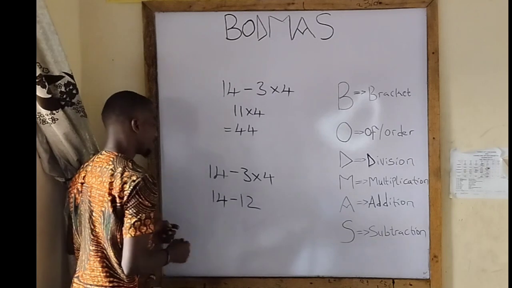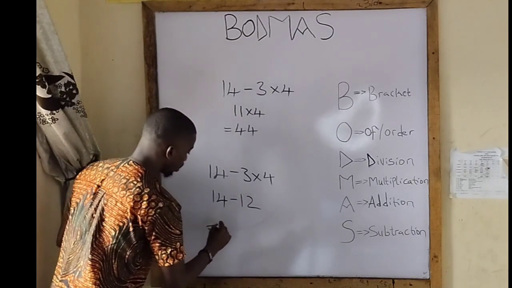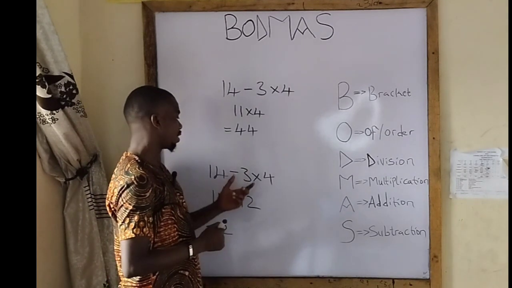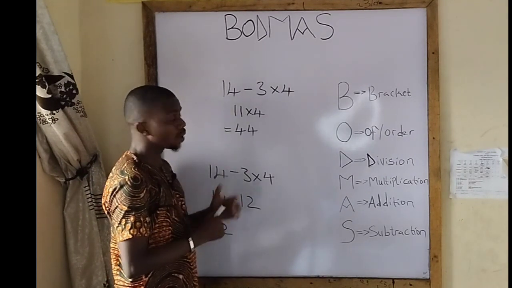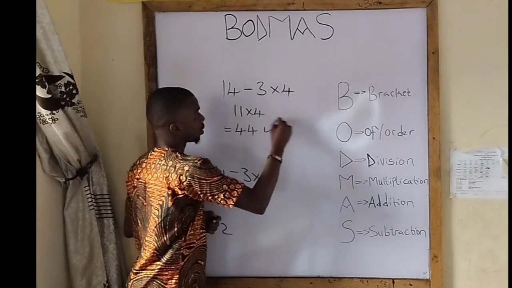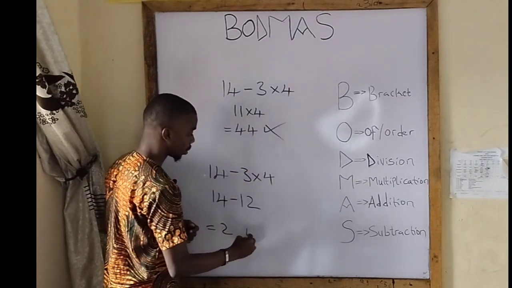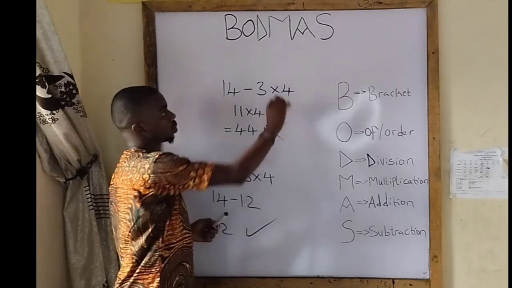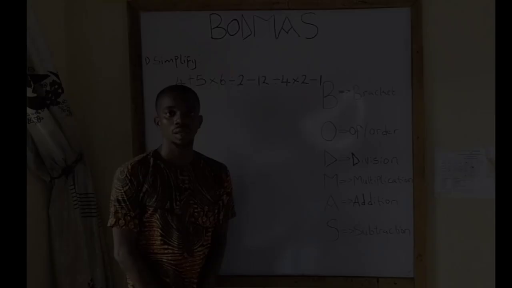So that 14 minus 12 will give us 2. Now you can see why BODMAS is important. This one is wrong and this is correct because we obeyed BODMAS here. This one went against BODMAS.